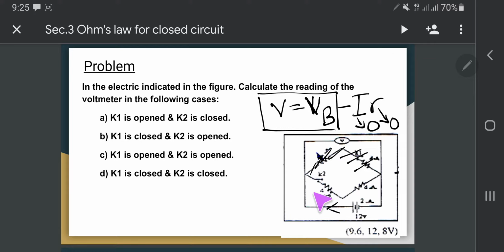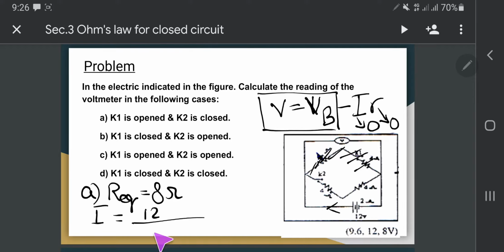So R equivalent is 4 plus 4, in series, number A, R equivalent equals 8 ohm. In this case, the current equals VB 12 divided by (R equivalent 8 plus R internal 2), equal 1.2 ampere.